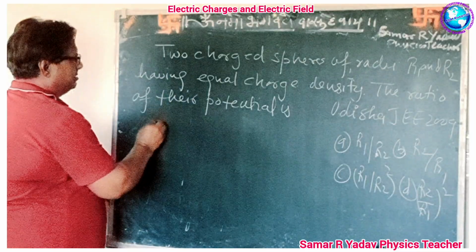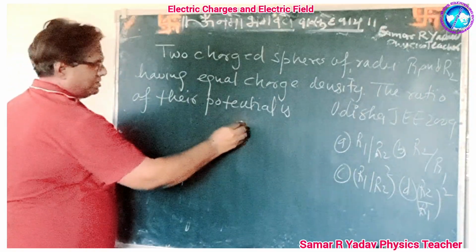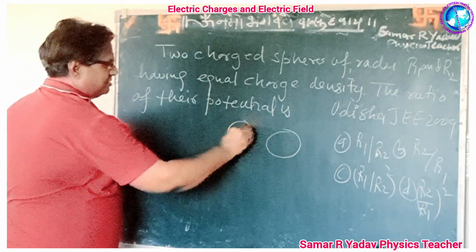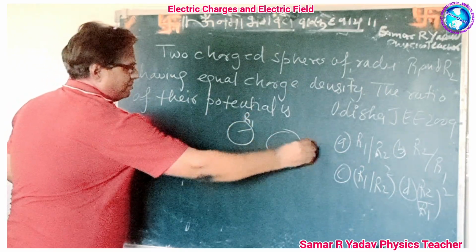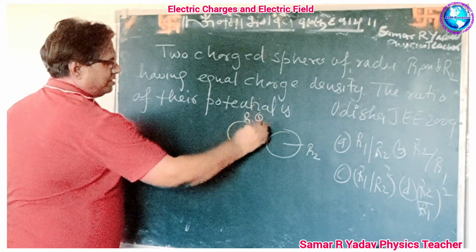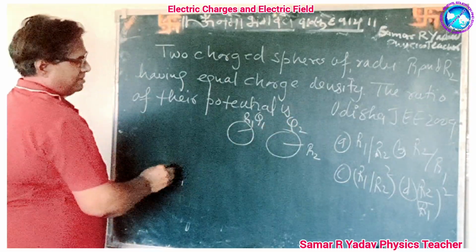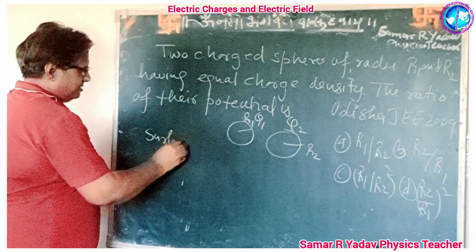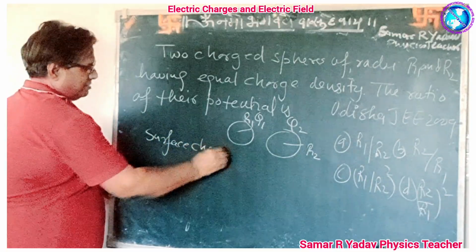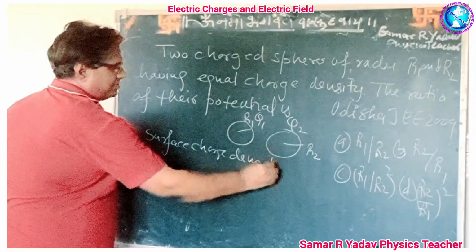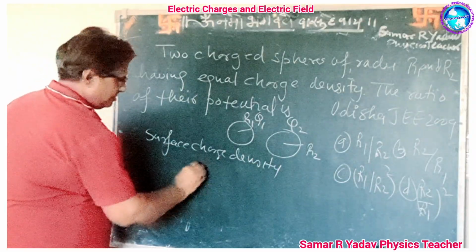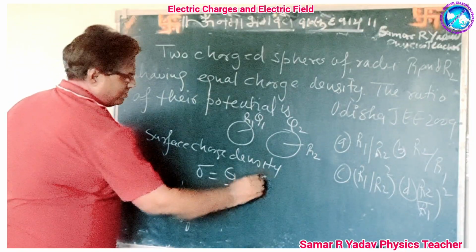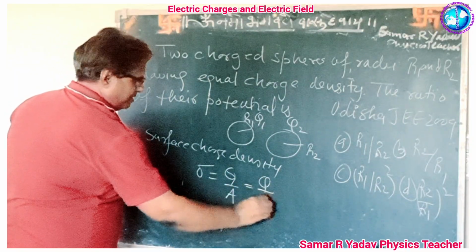Now suppose two charged spheres having radius R1 and R2, with charge on these spheres Q1 and Q2. Now we know that surface charge density sigma is equal to charge upon area, Q upon A, is equal to Q upon 4 pi R square.